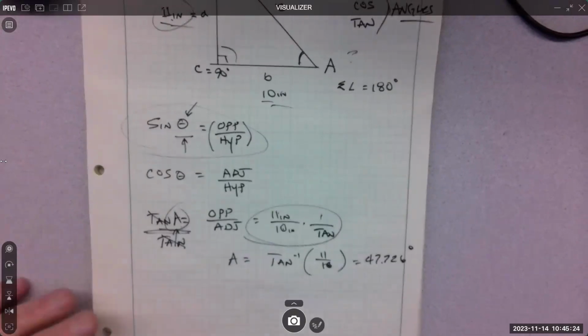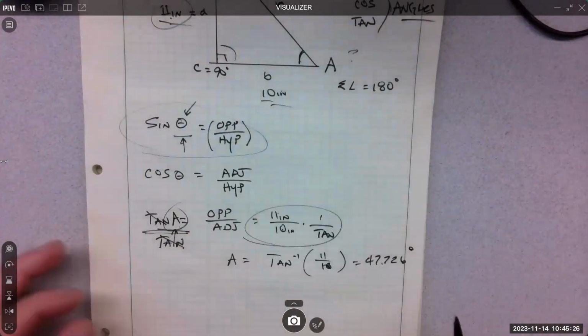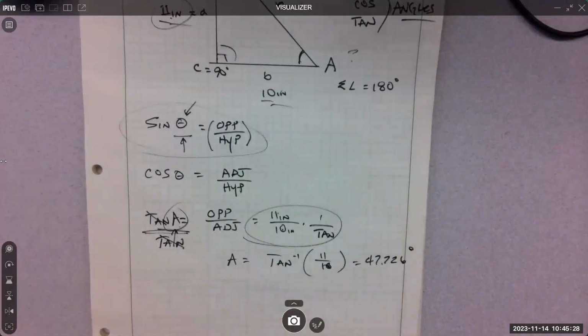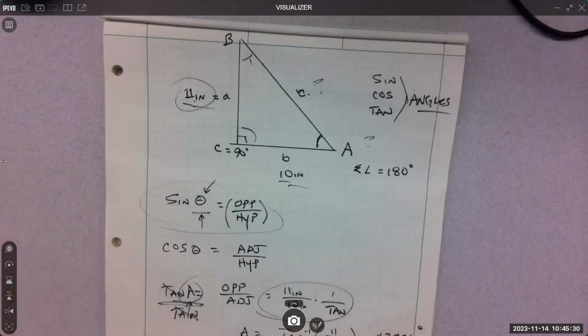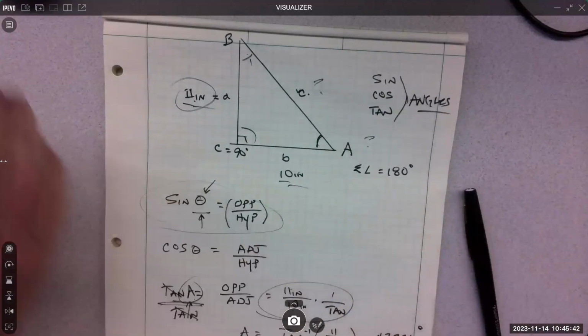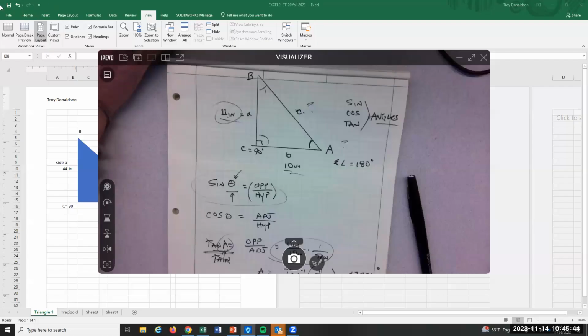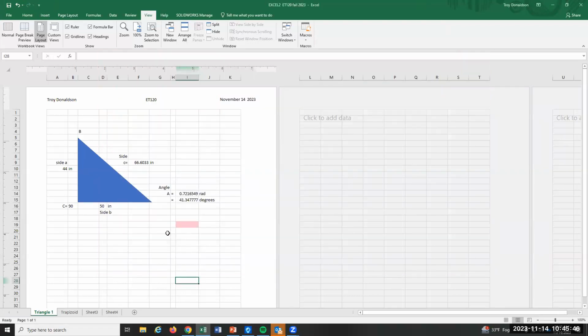Now, that was a super quick, really basic review of right triangle trig. Maybe enough for you, might not be, so just get my help or get somebody's help with more of it. You still have to put the formula in. So, all right, let's look at Excel and how it works in here.